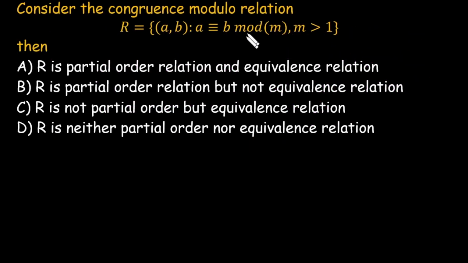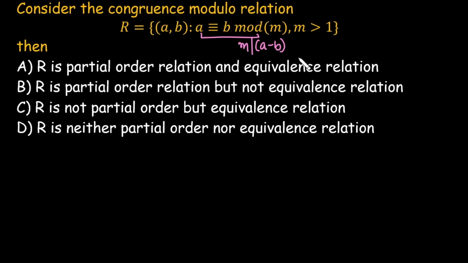Next, consider this congruence. This is the congruence A is congruent to B mod M. It means M divides A minus B. Now this relation is what? This relation is an equivalence relation, not a partial order relation. What do you mean by equivalence relation?